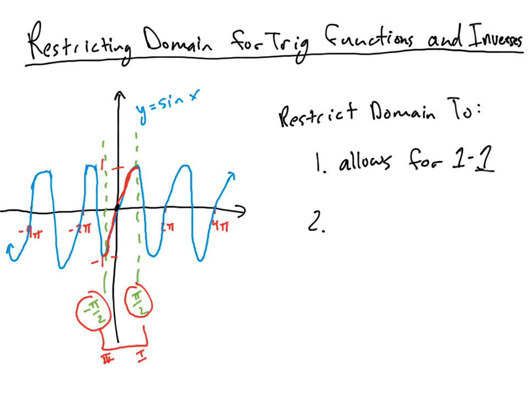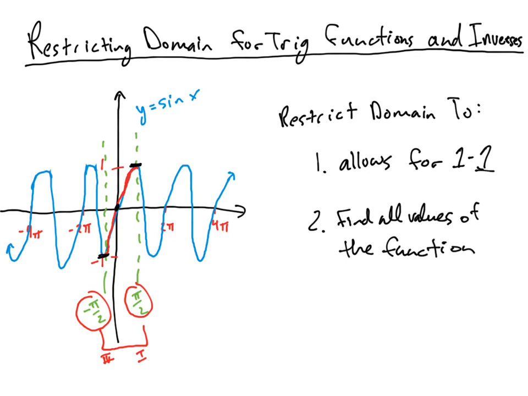Secondly, by restricting from negative pi over 2 to pi over 2, we get all the y values. Every single y value from negative 1 to positive 1 is included. So by restricting the domain, this allows us to find all values of the function.